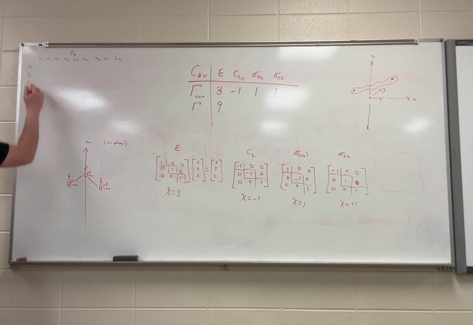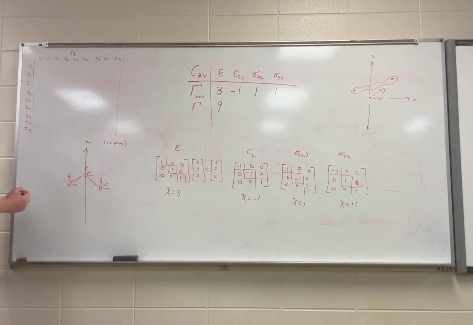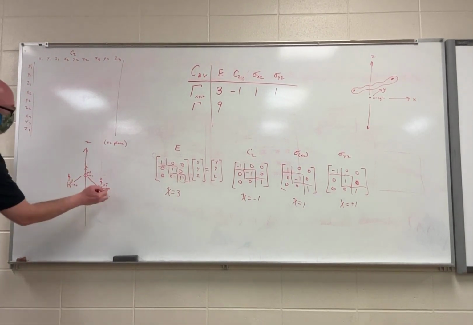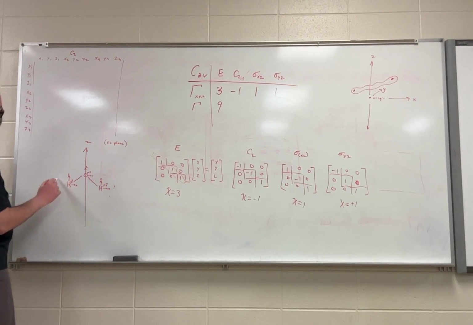Right? You could make a 9 by 9 matrix for the C2 operation. So if I have x1 and I perform a C2, so these are the ones, let's say these are the 2's and these are the 3's.